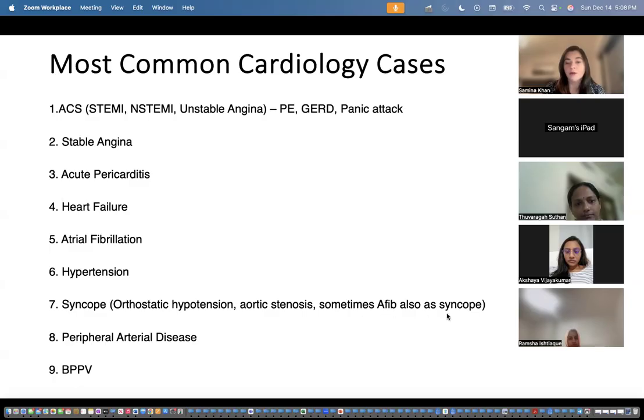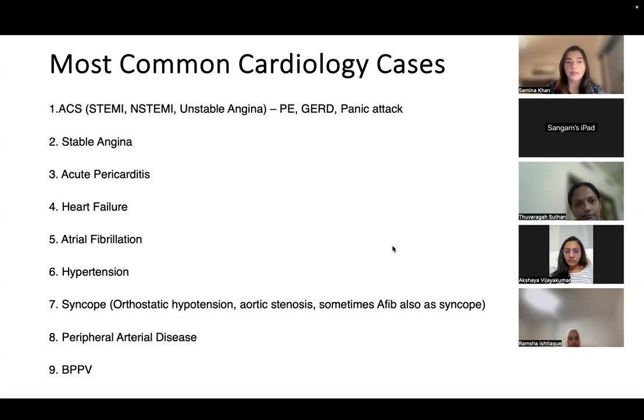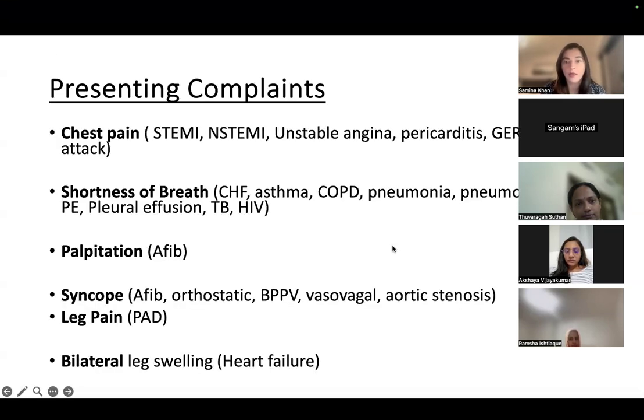Sometimes they also give you atrial fibrillation. Atrial fibrillation can be given as someone presenting with palpitation, but sometimes they give it as someone presenting with syncope. Once we do all of these cases, you will get to know more about these topics. The presenting complaints that we typically cover in cardiology are, of course, chest pain, shortness of breath, palpitation, syncope, leg pain, and bilateral leg swelling.